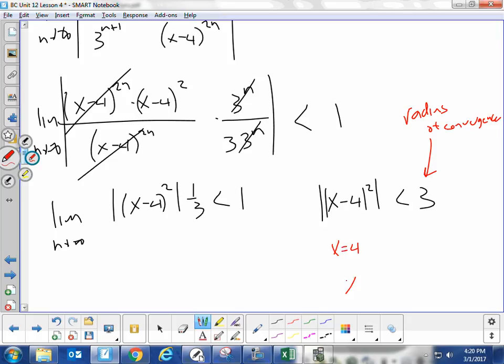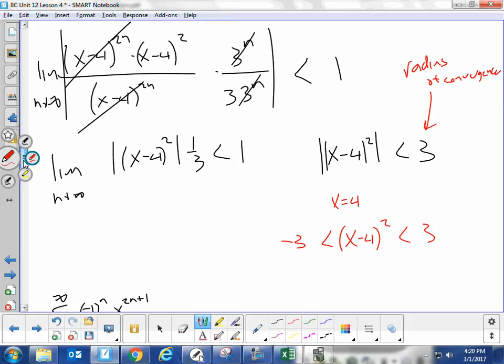Now, we would have to say x minus 4 squared is less than 3, greater than -3. And we're going to have to check my endpoints once I find it. So I take the square root of both sides. And I'd be between the square root of -3 and root 3.